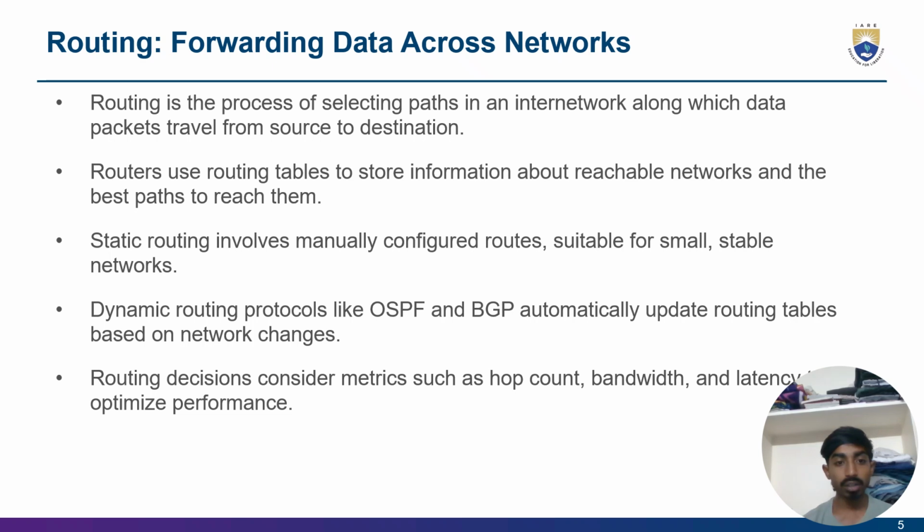Static routing involves manually configured routes, suitable for small, stable networks. Dynamic routing protocols like OSPF and BGP automatically update routing tables based on network changes. Routing decisions consider metrics such as hop count, bandwidth, and latency to optimize performance.